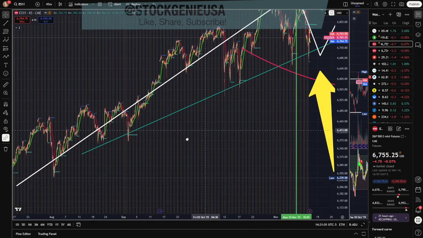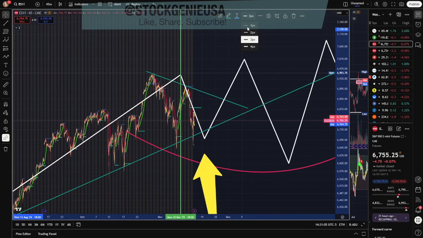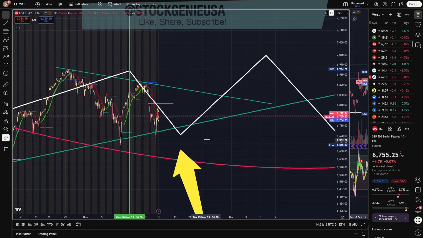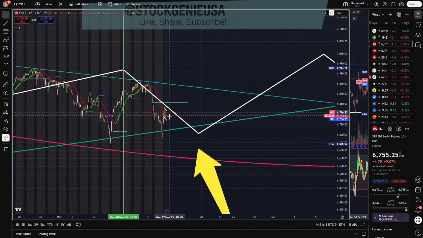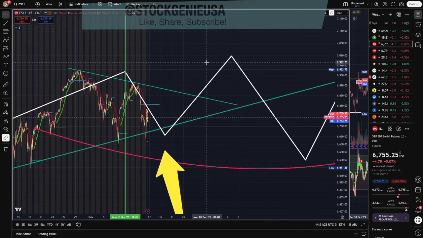Really nice. This trend line right here, let's make it a little thicker. Bounced, bounced, bounced, bounced. And there we go. And now what we should be doing is consolidating and looking to make the next high, possibly around 7,000. Maybe we actually hit that by December 4th.